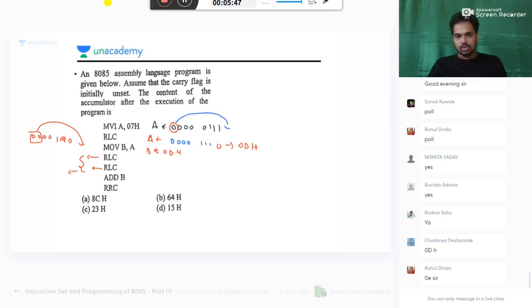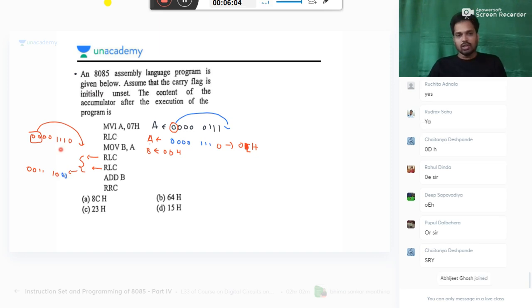Take these two, it is 0E, na? Yes, 0E, right? So take these two and keep it other side. Then what will you get? 0, 0, 1, 1, 1, 0. That first 2 bits will come to last because you are rotating left. So this will give you 38.